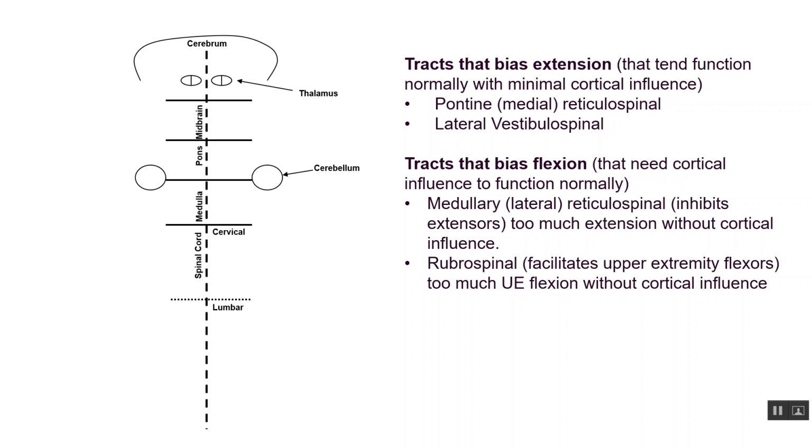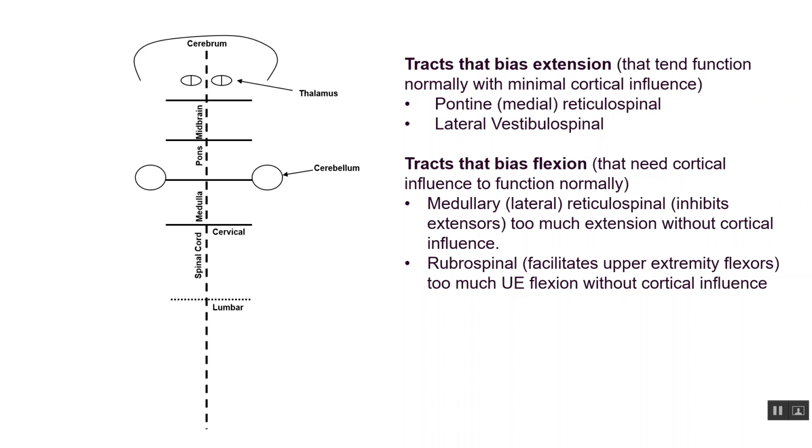These also tend to function pretty normally with minimal cortical influence. So the pontine reticulospinal tract and the lateral vestibulospinal tract in particular tend to innervate muscles that keep us upright and extend our body against gravity. And they don't need a lot of cortical input from higher centers to keep them functioning normally. They kind of do their own thing relatively well without needing a lot.